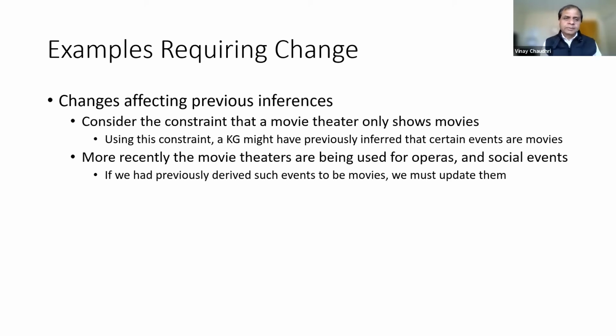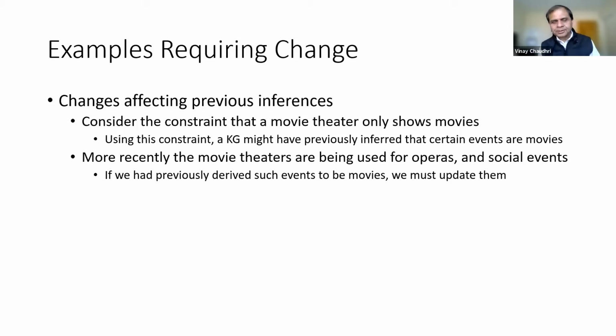Then there are examples where you have computed some inferences based on certain properties of your knowledge graph, and those inferences are no longer valid. So for example, you may have a constraint that movie theater only shows movies. But under a given circumstance, it may be that people are starting to show operas.